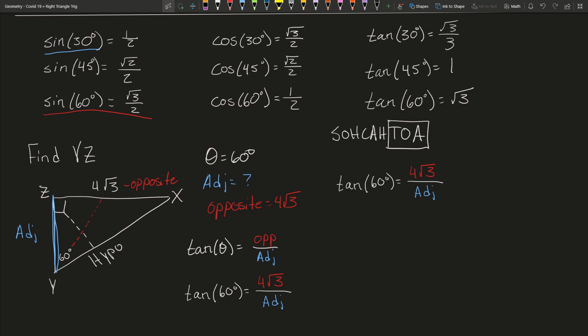So the next step is to take that substitution to the next step. So we go up to our values, find tangent of 60, and replace it with rad 3.